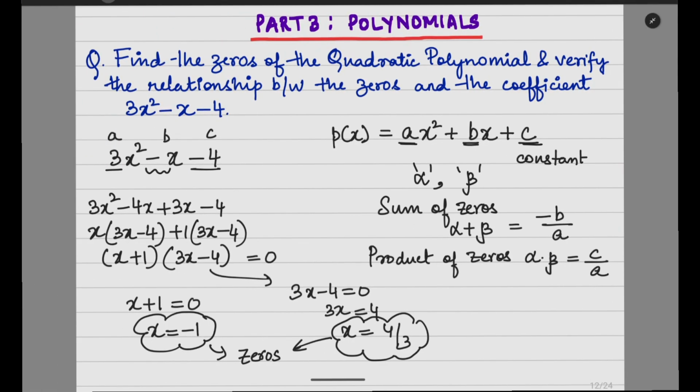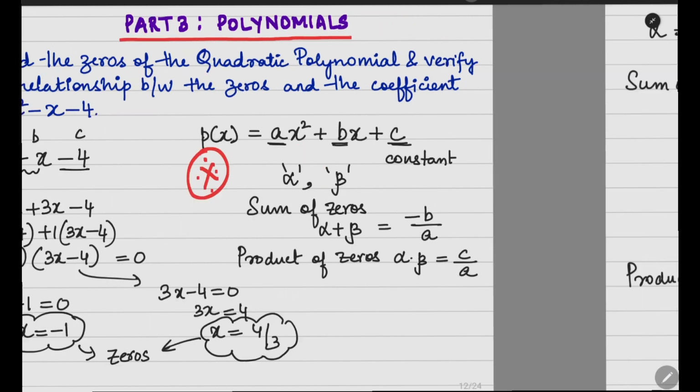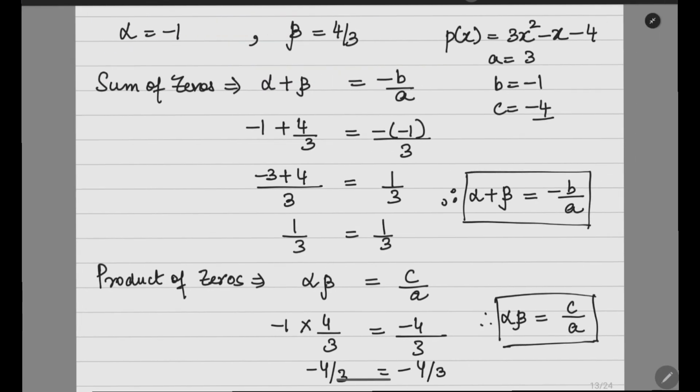The most important thing to remember is this: whenever you're given a quadratic polynomial, and you have alpha and beta as the roots, the relationship between the zeros and the coefficients is alpha plus beta equal to minus b by a, and alpha into beta is equal to c by a. Okay, remember. Let us proceed.